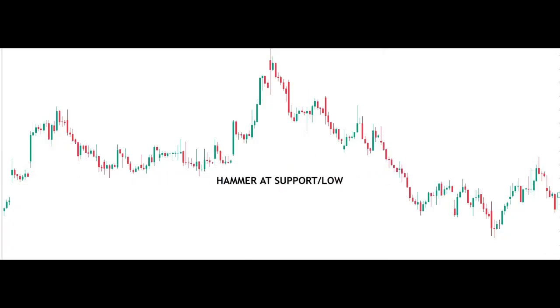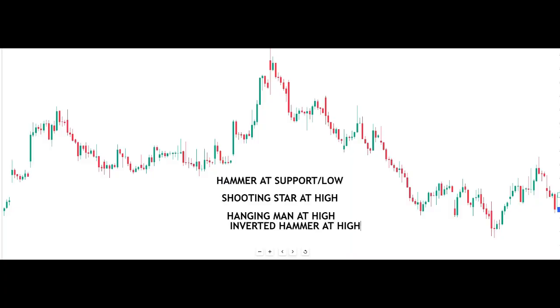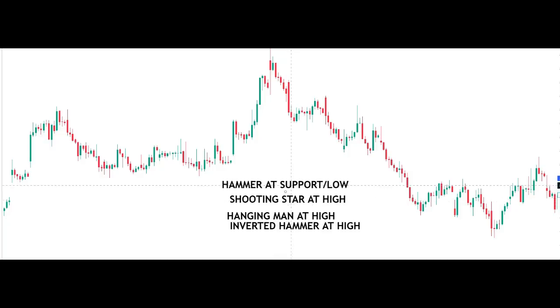In the same way, a shooting star at a high will make it special. A hanging man at a high, meaning the low of the candle should go, is special. An inverted hammer at a high is special. Hope you like it.